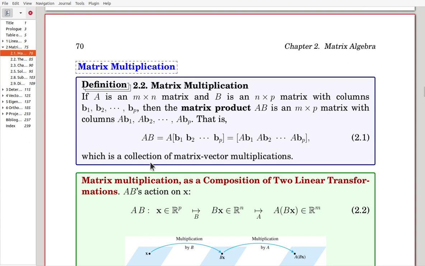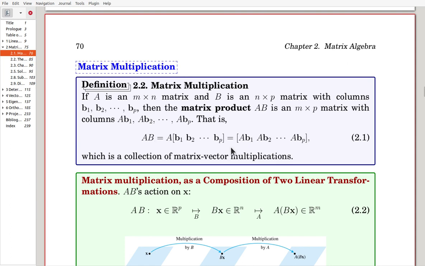That means that for the product, since B has p columns, B is replaced by its columns, and now the product is defined in this way. Basically, it is a collection of matrix-vector multiplications. Ab1 is the first column, Ab2 is the second column, Ab3 will be the third column, and so on. So that is the definition.